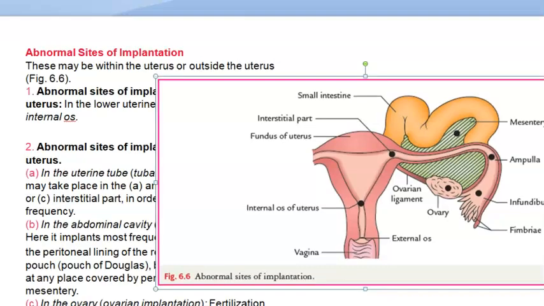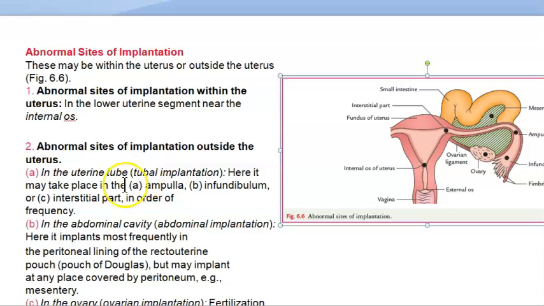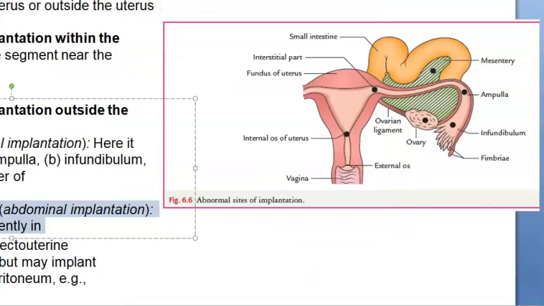Which color shall I use? This one. So infundibulum, ampulla, which is the bend, and the interstitial part of the fallopian tube. On the other side also the same thing. Remember, these are the abnormal implantation sites of the blastocyst. It can also go into the abdominal cavity; they have shown one of it here.